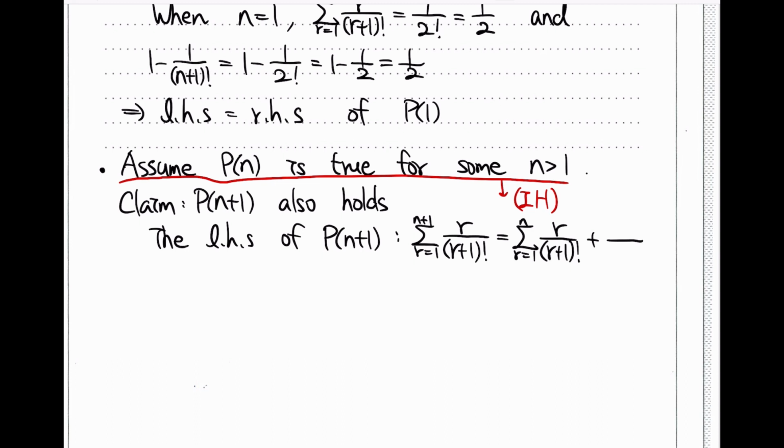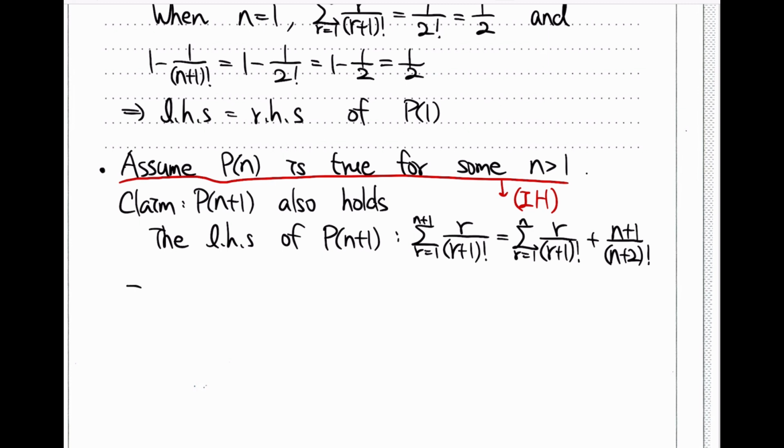So the last term is (n plus 1) over (n plus 2) factorial. The reason why I decompose this summation is that we can apply the induction hypothesis now to the first term.